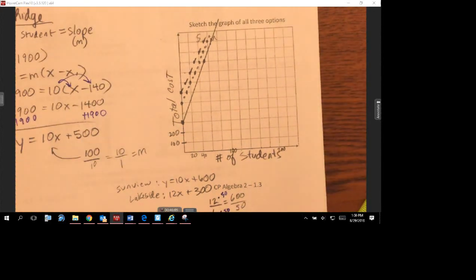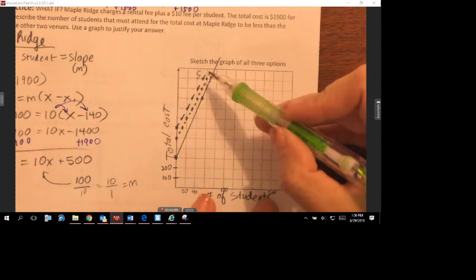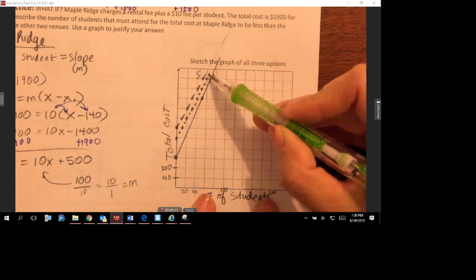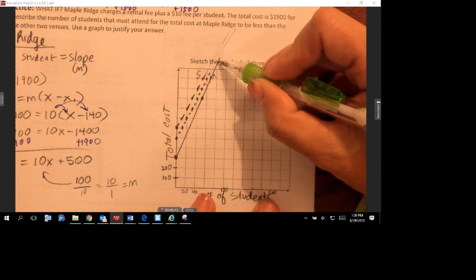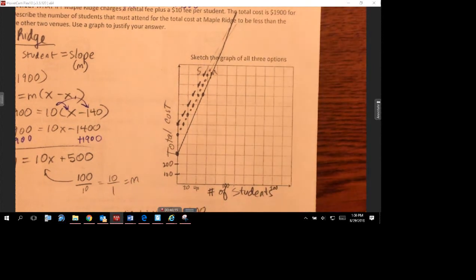Yeah, they're not going to cross on the graph. We didn't zoom in enough. But if I did go out, they'd eventually cross. What was the question?